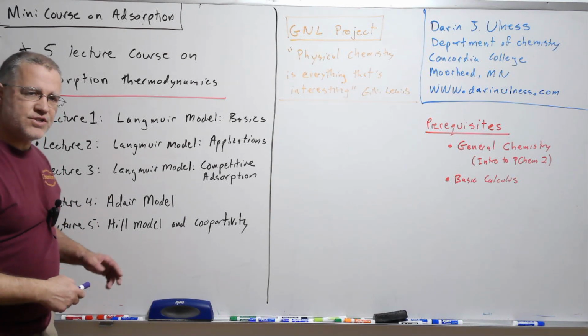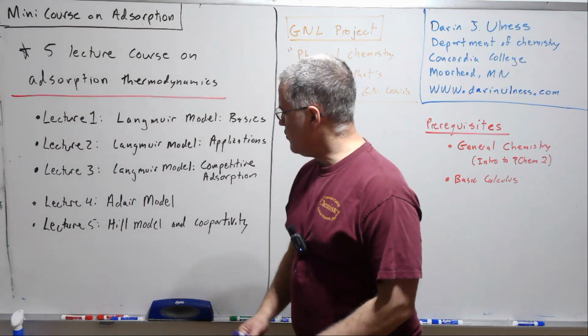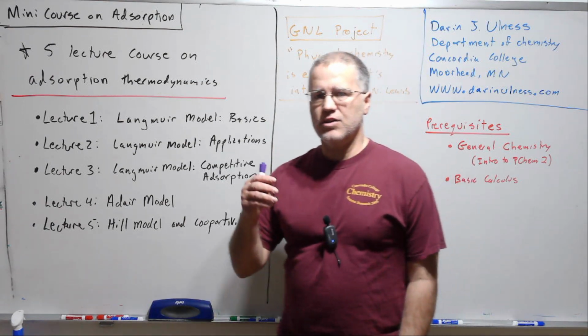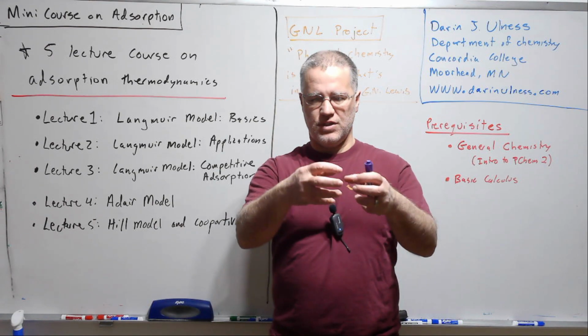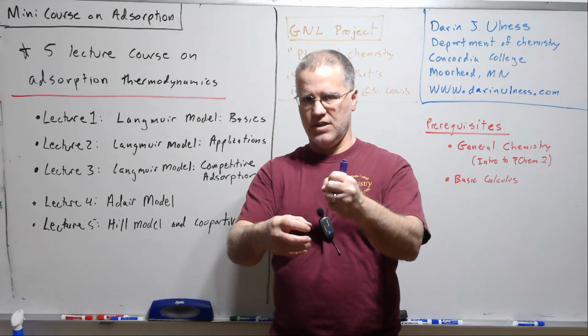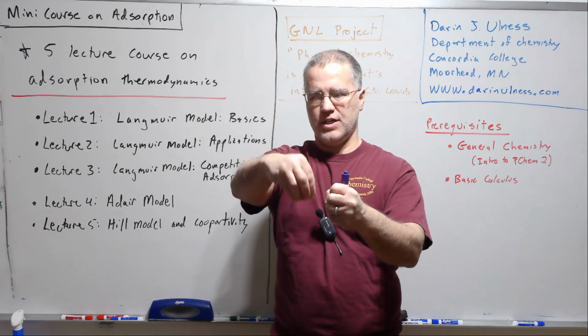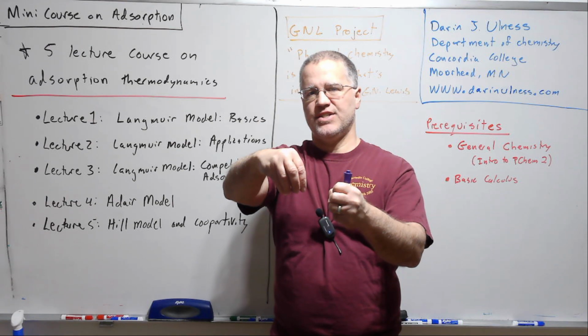Then the last 2 lectures get beyond this basic Langmuir model and talk about 2 important models. The Adair model, where you can have influence: if a molecule is binding, does it either help or hurt the binding of another molecule in an adjacent area?